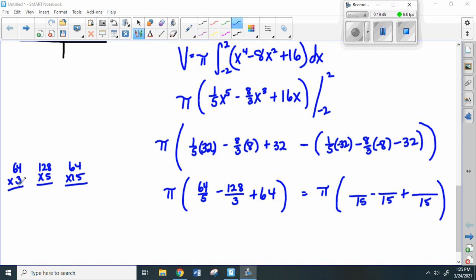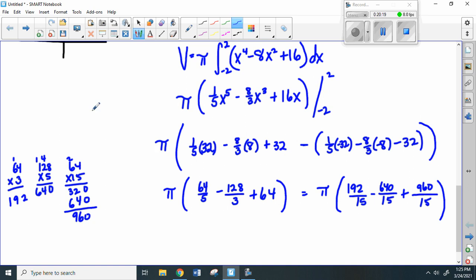All right, so let's see. 3 times 4 is 12, carry the 1. 18, add 1 is 19. All right. 5 times 8 is 40, carry the 4. 5 times 2 is 10, add the 4, carry the 1, 640. And let's see, 20, carry the 2, 30, add the 2, placeholder, 960.